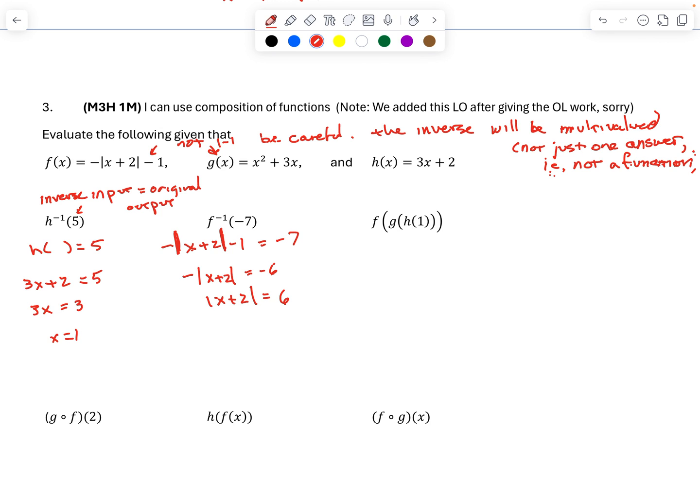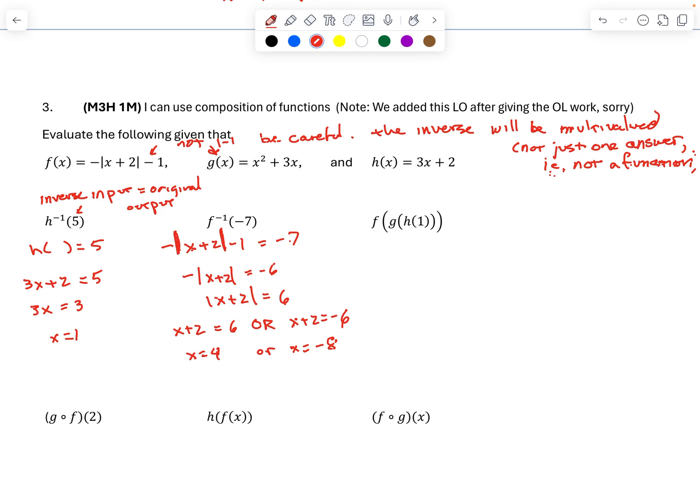This is where you have to split it up. Just like with squaring, x plus 2 is plus or minus 6. Okay, so we can get two values when you have something that's not a function.